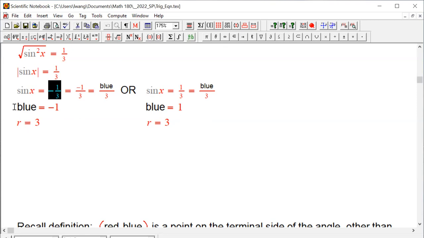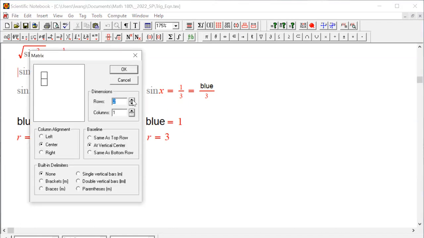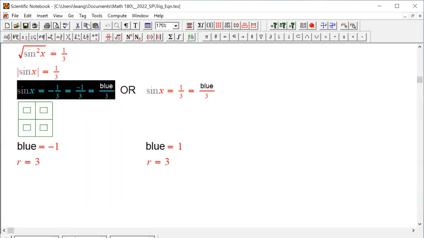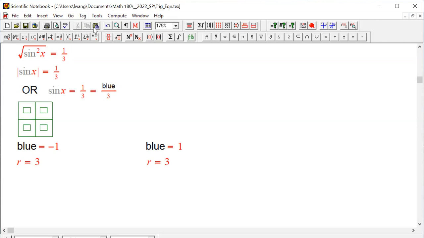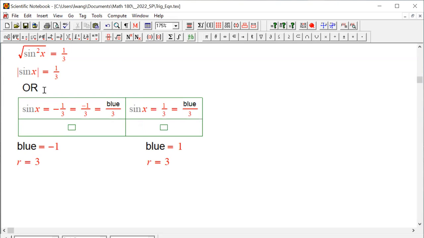Now let's look at the first case. Maybe I can use a table. Let me set up two columns, one for this case and one for the other case. So blue is negative 1, and r is 3.